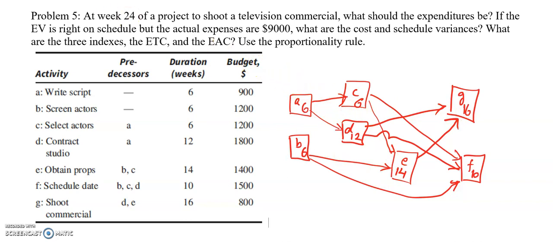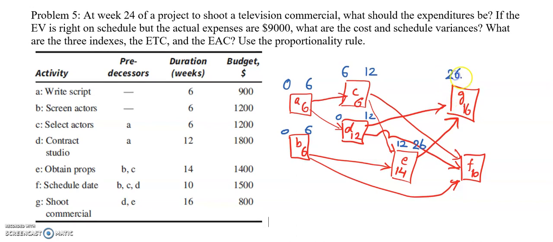We can perform the forward pass. 0, 6. 6 plus 6 is 12, and it will be 0, 12, 0, 6. E will be 12 plus 14 is 26, and 26 plus 16 is 42.